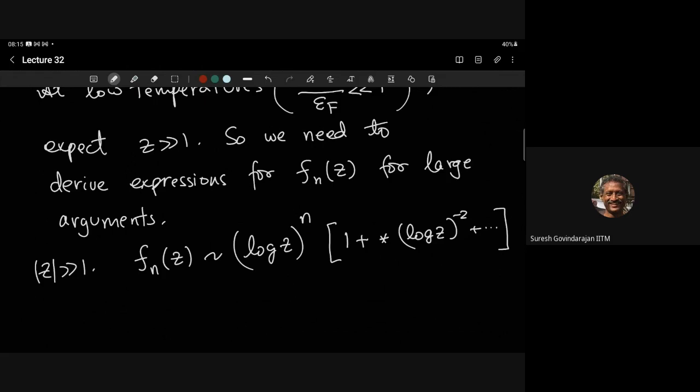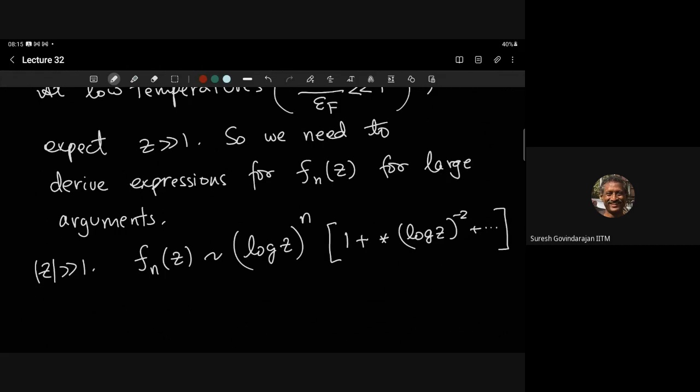Now you can see that if Z is large, log Z is also large, so 1 by log Z is small. The first thing you notice is that the next term should have been 1 upon log Z, but there is no log Z inverse, and that will turn out to be related to the evenness of some order.